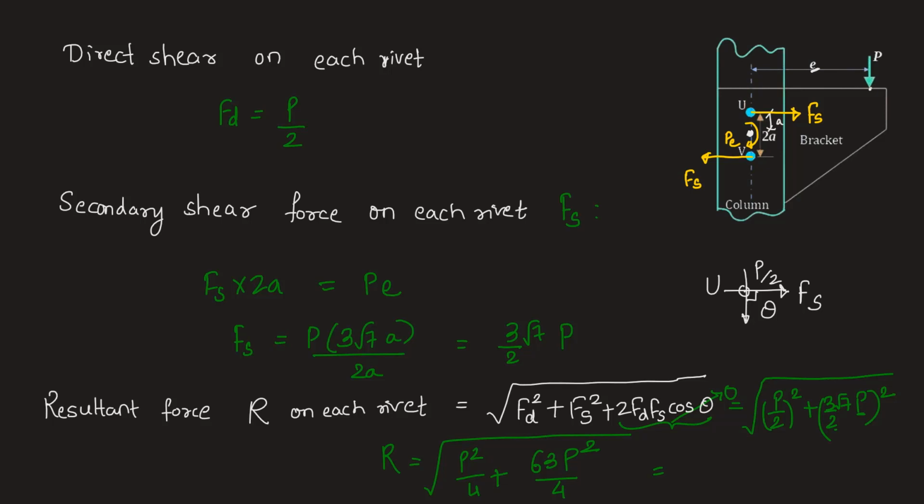Carrying out the addition and taking P squared out from the square root, we will have P times under root 64 by 4, since 63 plus 1 is 64, that is 16. So this is root 16 which is 4, into P, which is given to us as 10 kilonewton. We can substitute it here: 10 into 4 becomes 40 kilonewton. So we have our resultant force. This is the resultant shear force on the rivet. And using this we can find out the cross-sectional area.